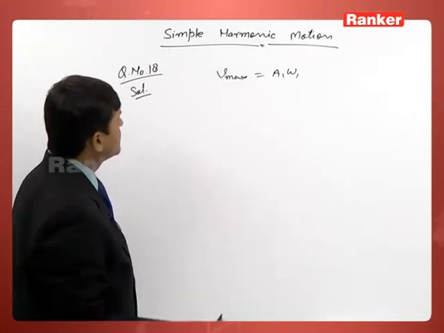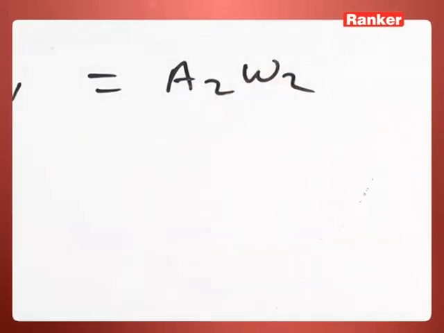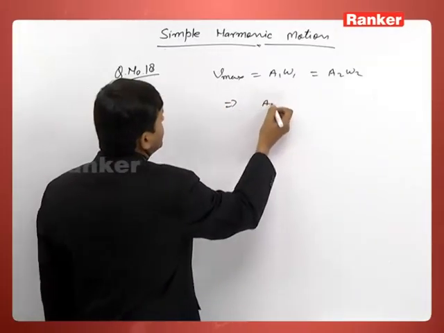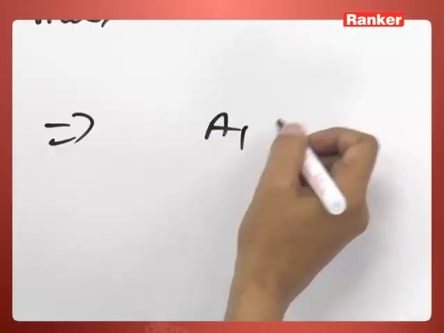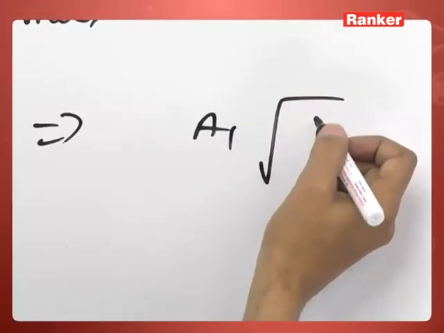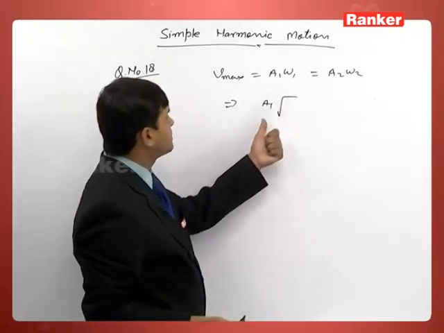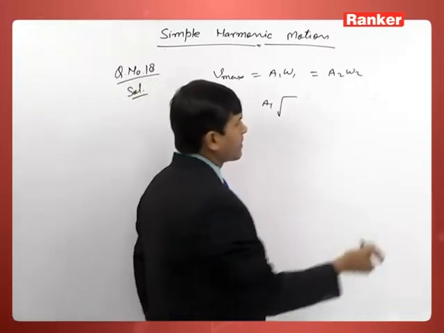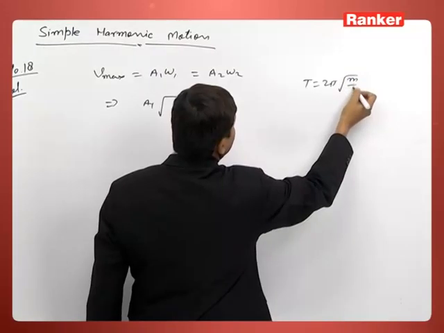So A1 omega1 is equal to A2 omega2. Omega in case of a spring mass system: as we know, T is 2 pi under root m by k.